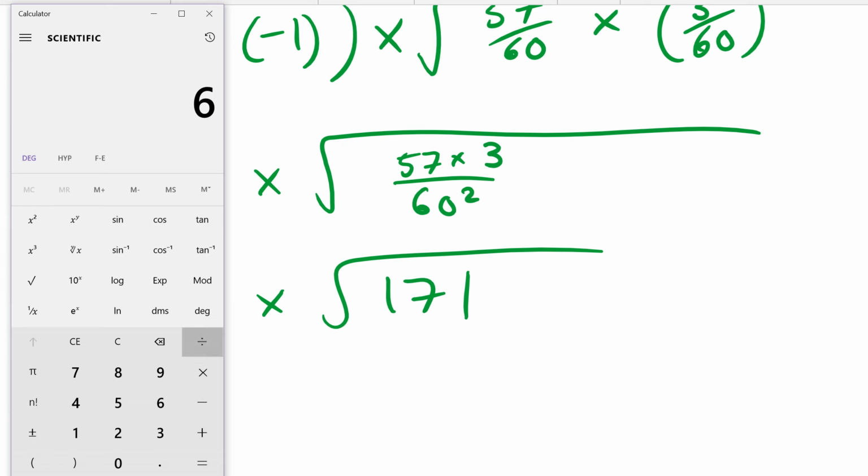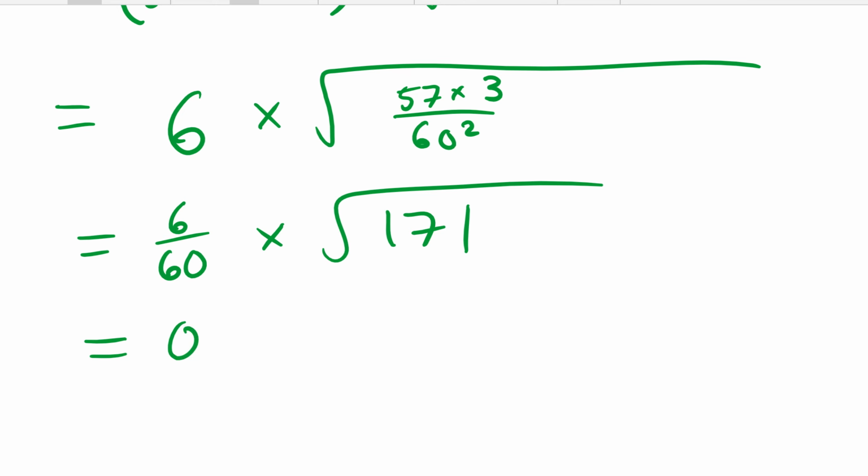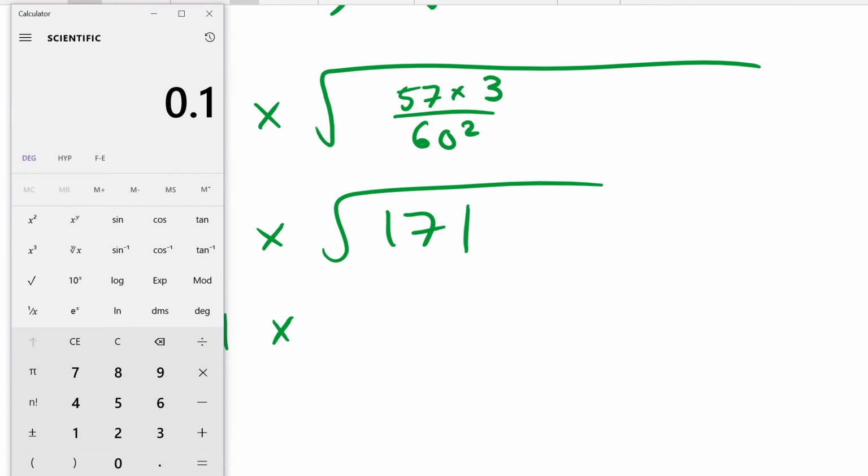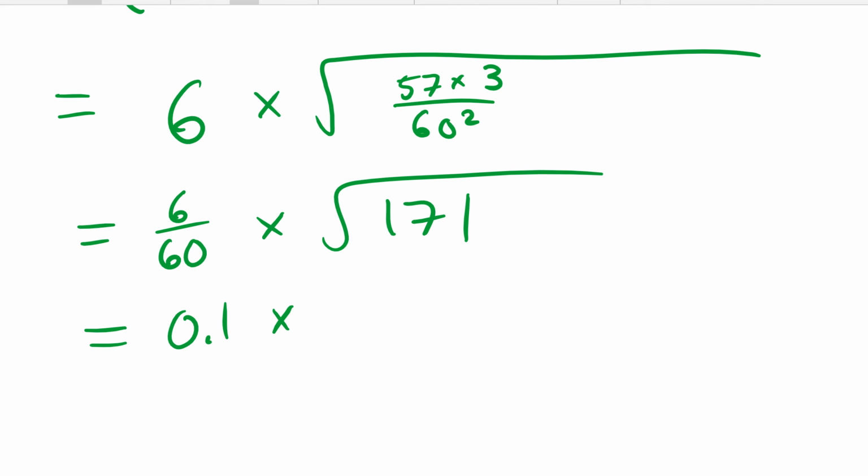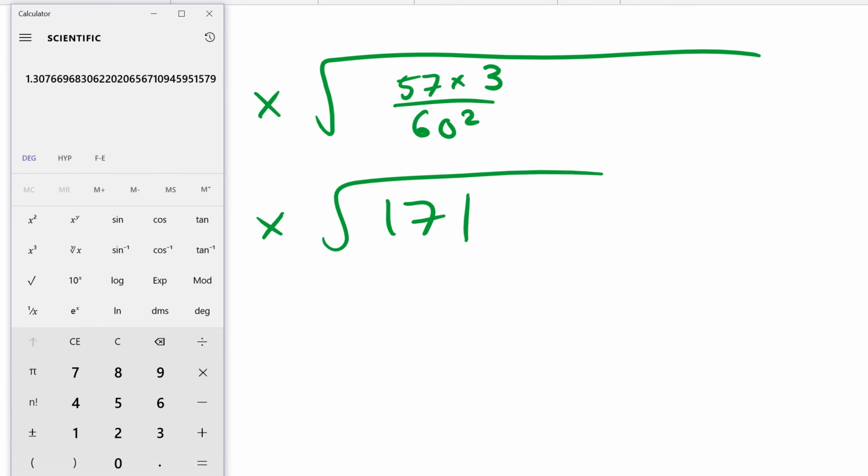And 6 divided by 60 should be 0.1, it is, times the square root of 171. The square root of 171 times 0.1 equals 1.308.